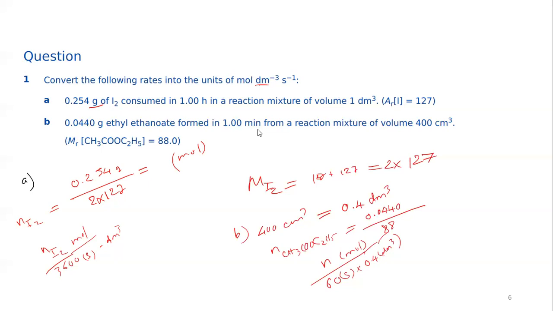Okay, but you forgot this one, right? The 127. At first, you used the number 254 and divided. So you didn't convert into mole. Is that true? It's okay. You recognize the mistake you made, so that next time you are not going to make it.